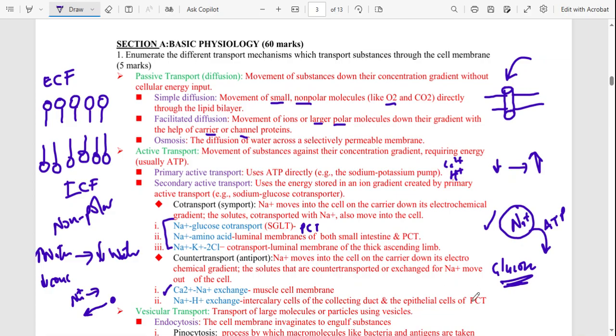When you come to the kidney again, the collecting ducts and the distal portions of the distal convoluted tubules contain these intercalated cells that will be able to secrete hydrogen. So these are examples. Okay, that's active transport.